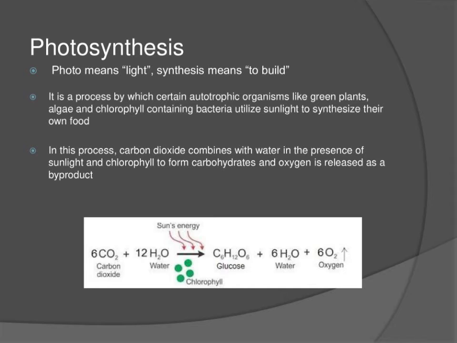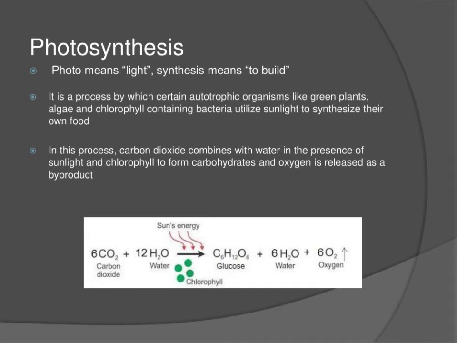C6H12O6 is glucose. Glucose is nothing but carbohydrates, plus 6 H2O water is released, plus 6 O2 oxygen is released into the atmosphere. So this is the entire concept of photosynthesis.